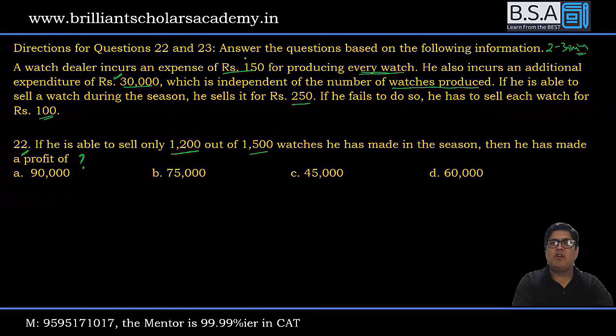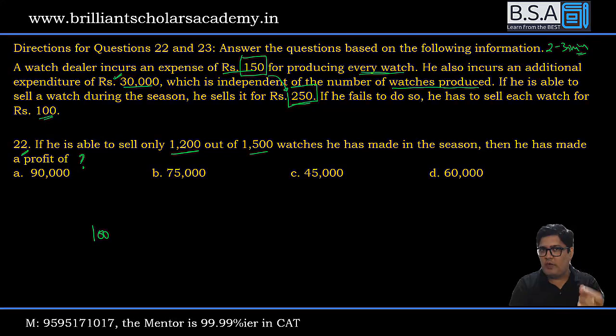The manufacturing cost was 150. When we sell it in the season, the selling price is rupees 250. So for every time a watch is sold in the season, 100 rupees are earned. The manufacturing cost is rupees 150 and you lose 50 rupees when you sell it outside the season at 100. So you're losing 50 rupees for every watch.